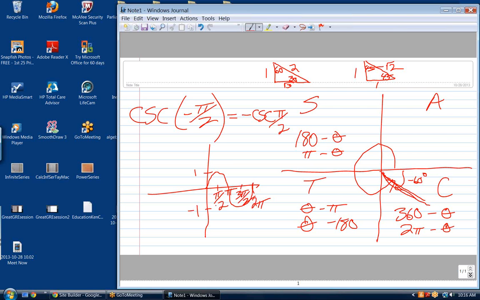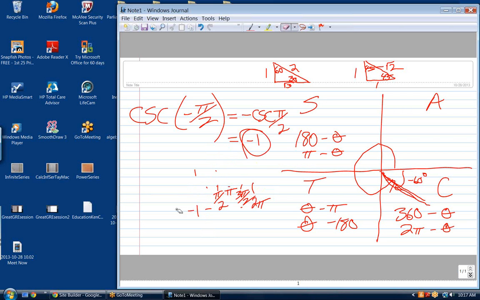So the sine of 0 is 0, the sine of pi over 2 is 1, the sine of pi is 0, the sine of 3 pi over 2 is minus 1, and so forth. So if the sine of pi over 2 is 1, the cosecant sits right on top of it. That's the cosecant curve. What's the cosecant of pi over 2? 1. So what is the answer to this question? It's -1.